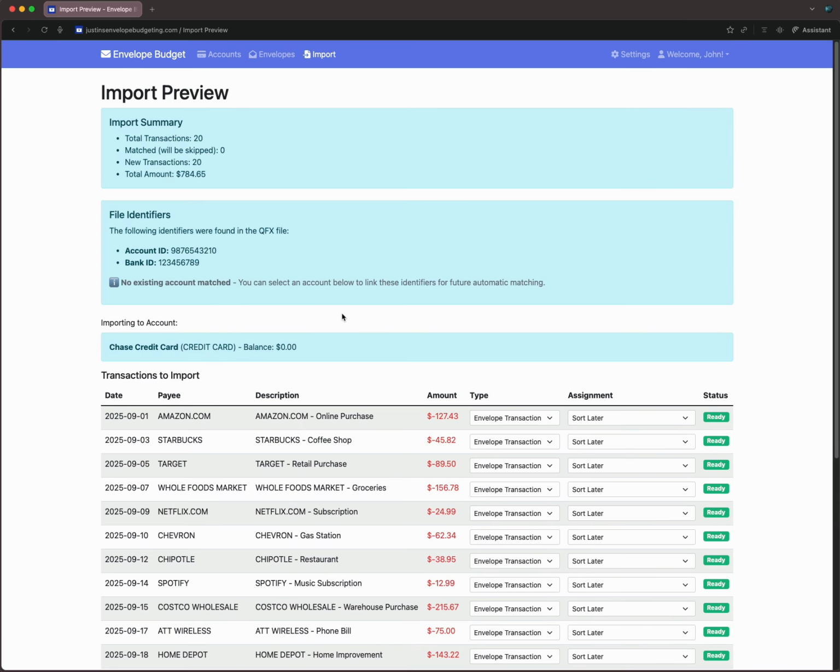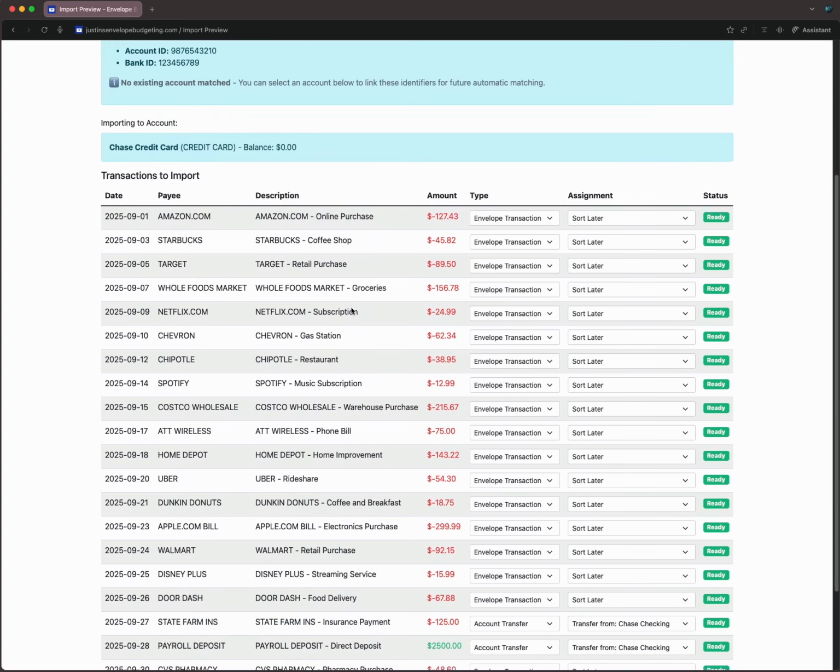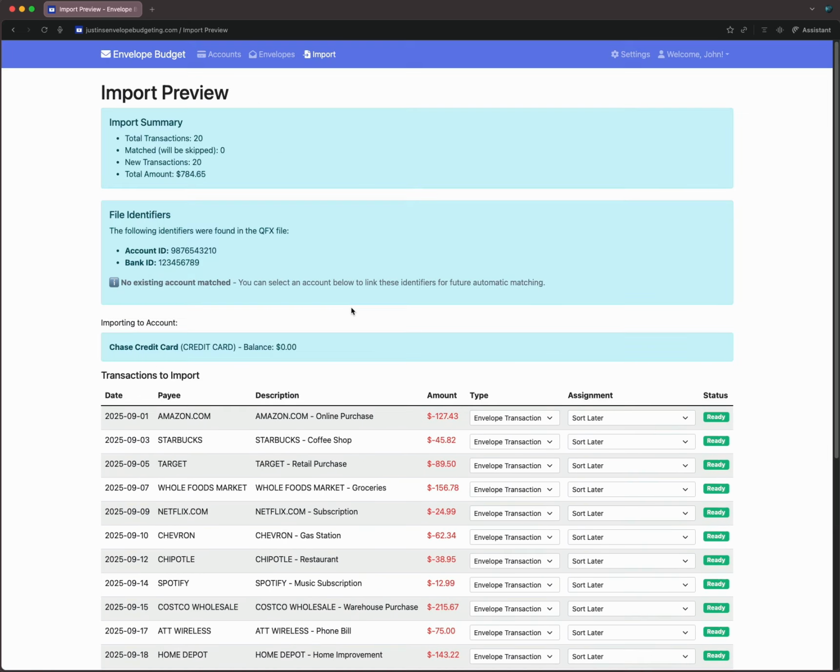And so this is generally how you're going to import transactions in envelope budgeting. You're going to need to get either a QFX file or a CSV file from your bank or credit card or whoever, and so the software does not go get it from your bank. So that's both good and bad.